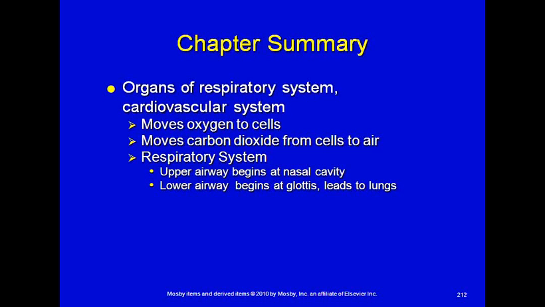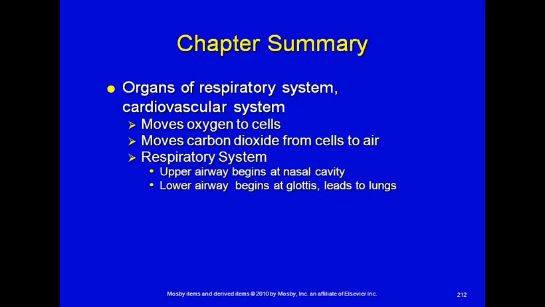We looked at the organs of the respiratory system and the cardiovascular system, and how both are necessary to help move oxygen to the cells. The movement of oxygen, or oxygenation, is getting gas from out in the room into our lungs, and ventilation is the mechanical process of how that happens.